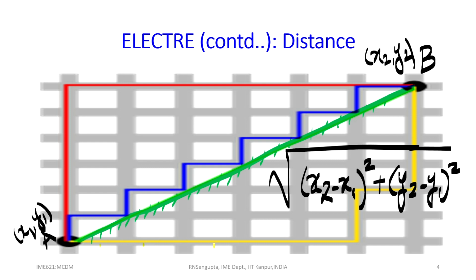So, if I take the yellow one, I go 1, 2, 3, 4, 5 units right, then go 1 vertically up, then right 1, and then again go up. If I see the red one, I would go 1, 2, 3, 4, 5, 6 up, and to the right I go 1, 2, 3, 4, 5, 6.